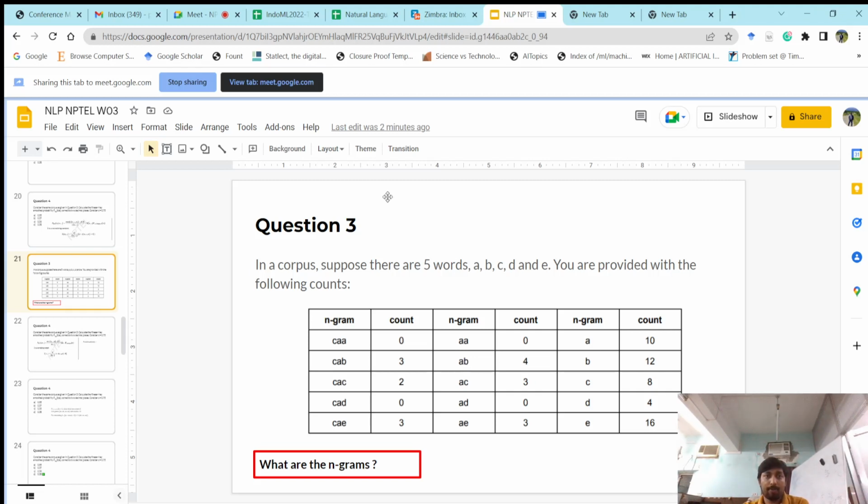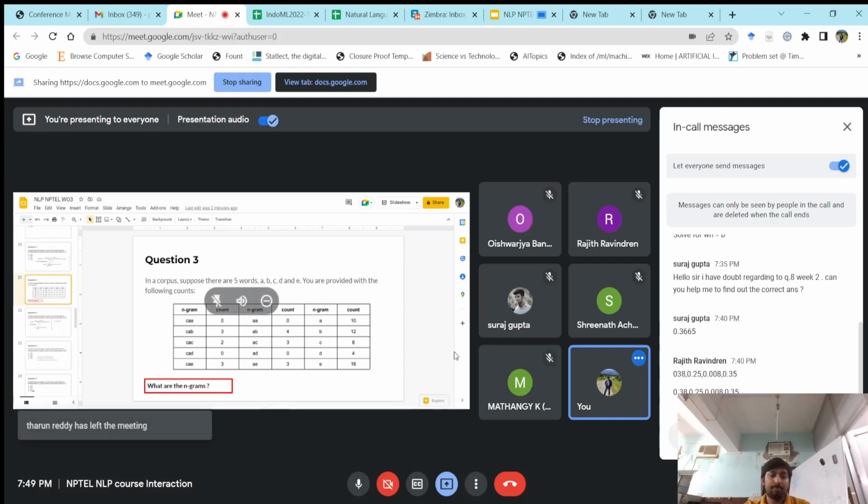So how many cases are there where B is occurring in a bigram? 4 by 10? No, I am saying novel continuation. So we have to find where it is novel. If there is one AB, the next AB is not unique, right? So that way you have to select the types.